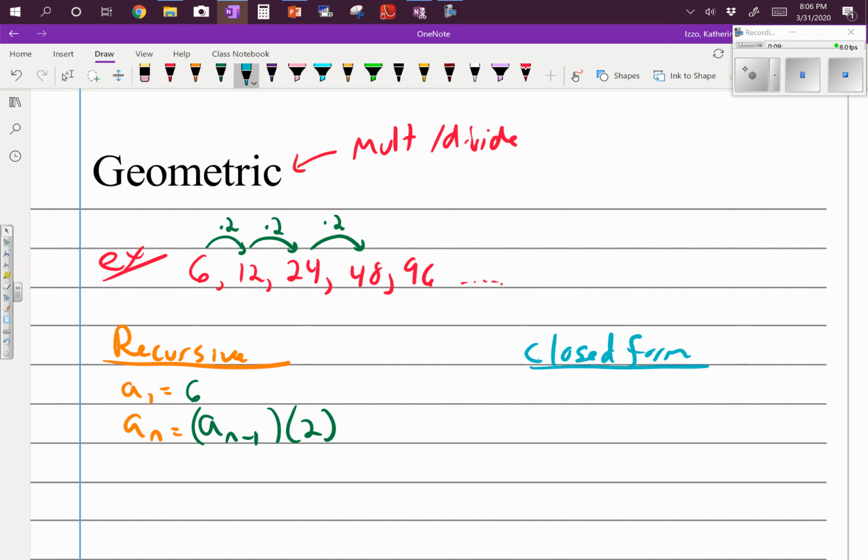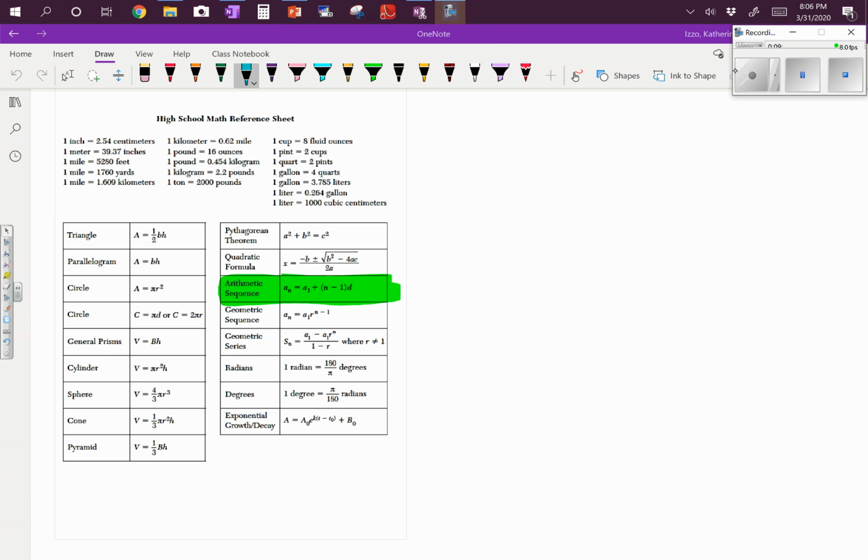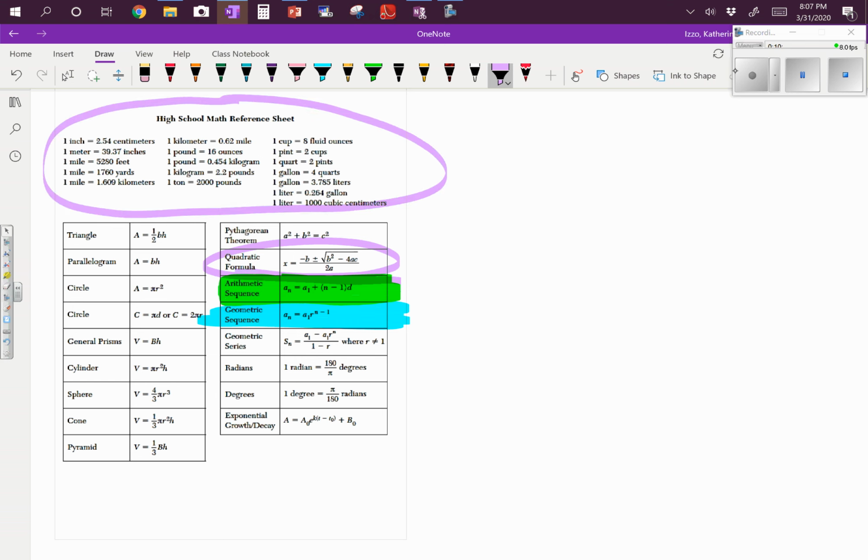And just like the arithmetic, the closed form is on our reference sheet. And hey, guess what? It is right there. For algebra, the quadratic formula is important, the arithmetic sequence and the geometric sequence are important, and then these conversions up here.